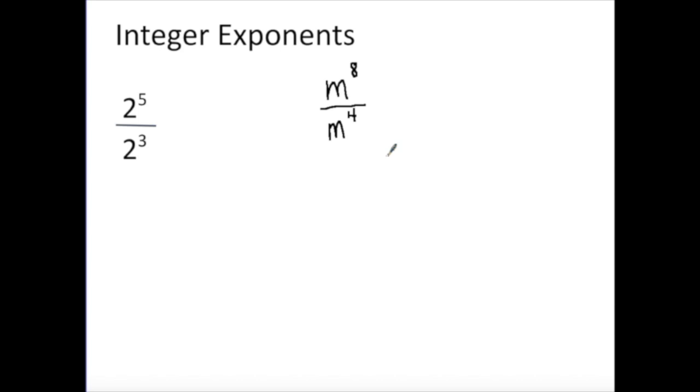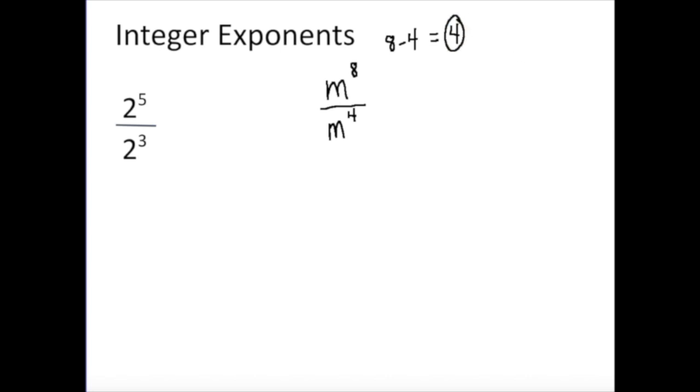Using the strategy that we developed, we should be able to say 8 minus 4, because our bases are the same, and if our bases are the same and we're dividing, then we can subtract our exponents. So I think that the exponent is going to be 4.